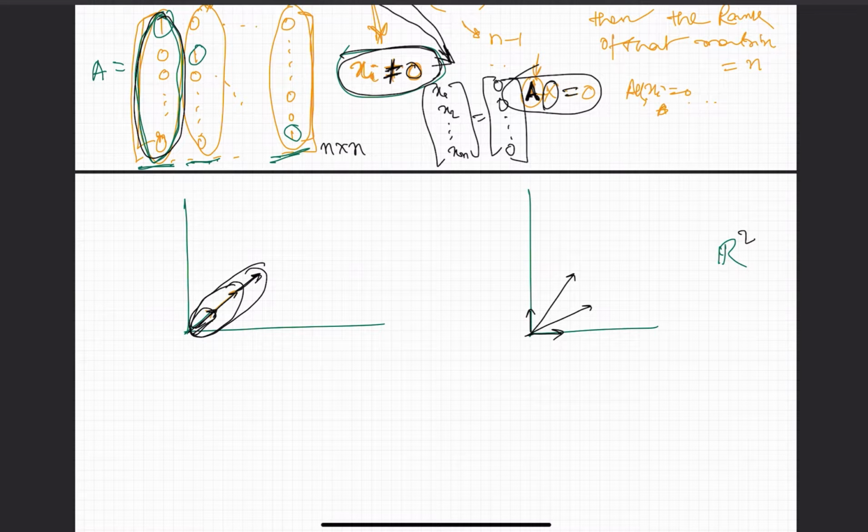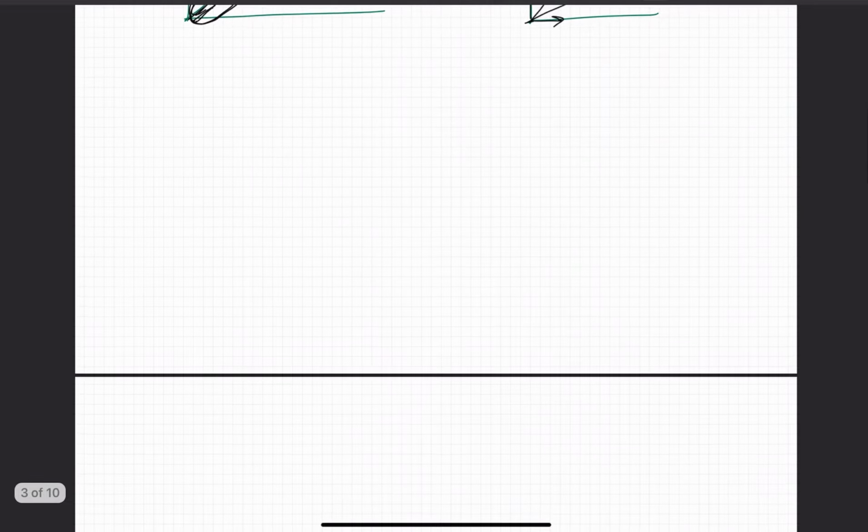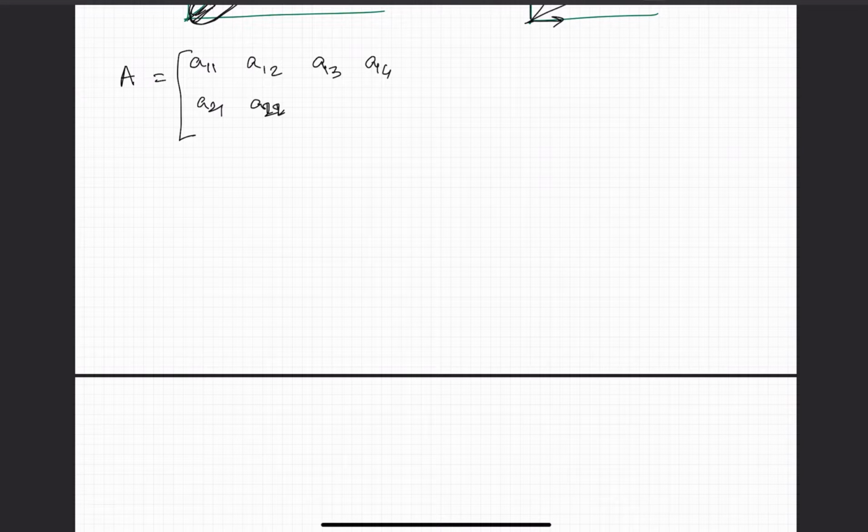Say A is a 3 cross 4 matrix, with entries A11, A12, A13, A14, A21, A22, A23, A24, A31, A32, A33, A34.